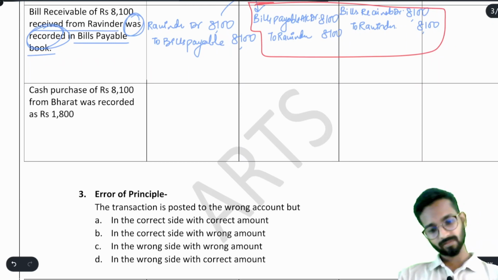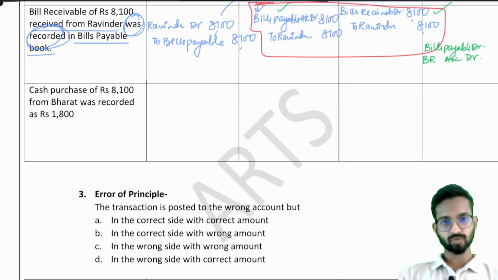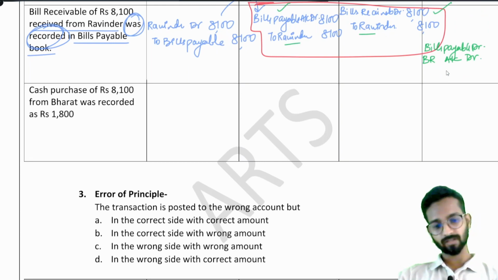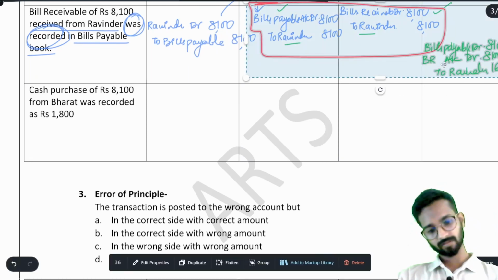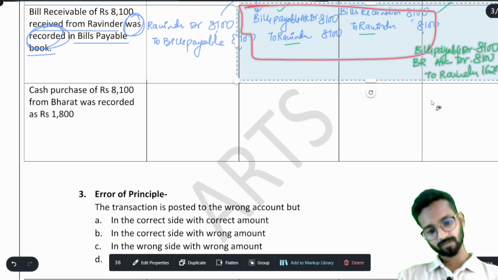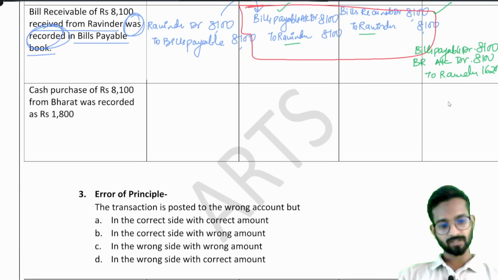Starting with the bills payable account debit, you will write here bills payable debit, then bills receivable debit. You cannot write the short forms like BR, okay, remember. Then to Ravinder. Amounts are 8,100, 8,100, and here will be 16,200. I will show you the answer. This is your answer. Understood?